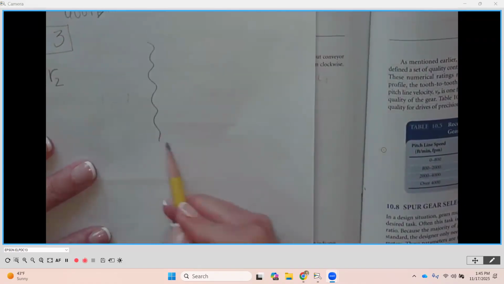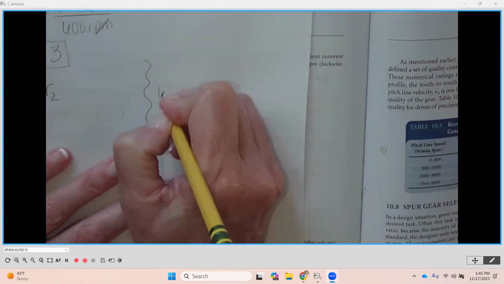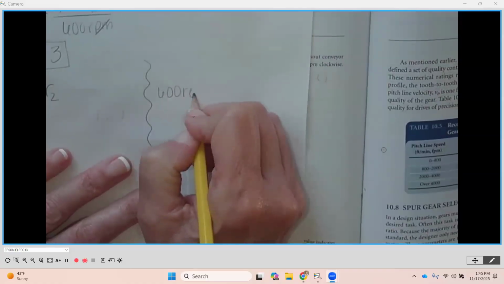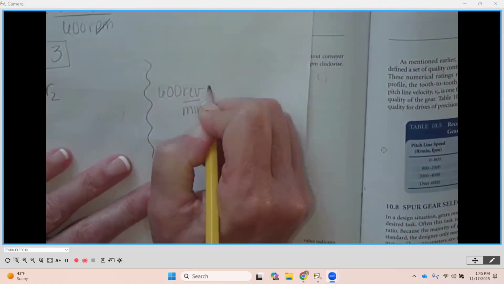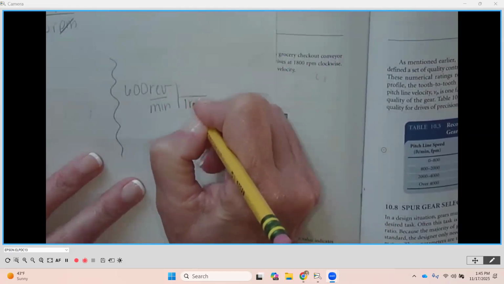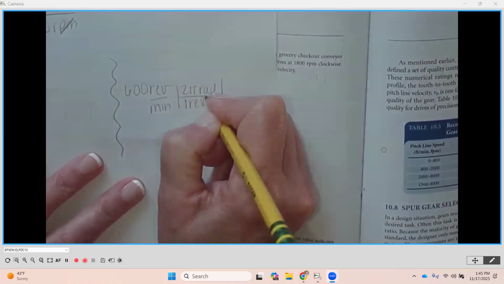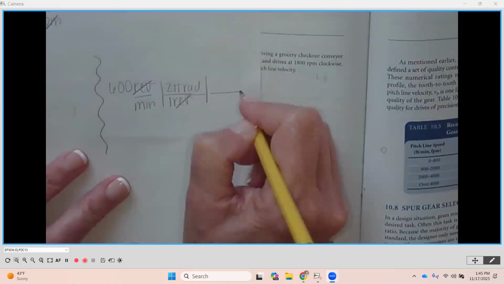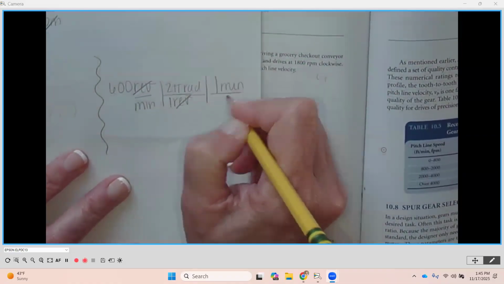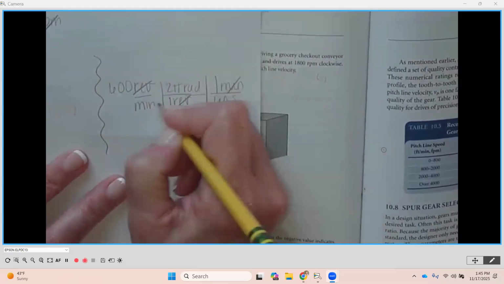And I want to erase that. So over here, I'm going to do my W2. So I know that I have 600 revolutions per minute. 1 revolution, 2 pi radians, revolutions cancel, and then I've got 1 minute, 60 seconds, minutes cancel.